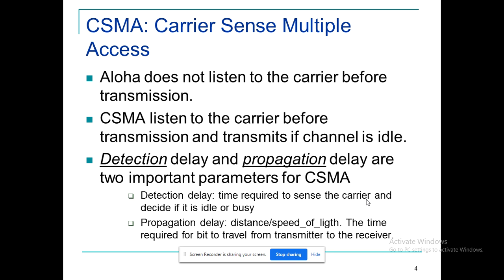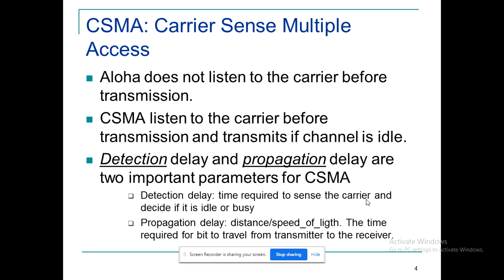So the inception of CSMA starts with this ALOHA only. But if the channel is free, CSMA will listen whether the area is free to transmit. The disadvantageous factors are being used as parameters for improvement here: detection delay, propagation delay, time to sense the signal, or how much distance we need to send the signal.